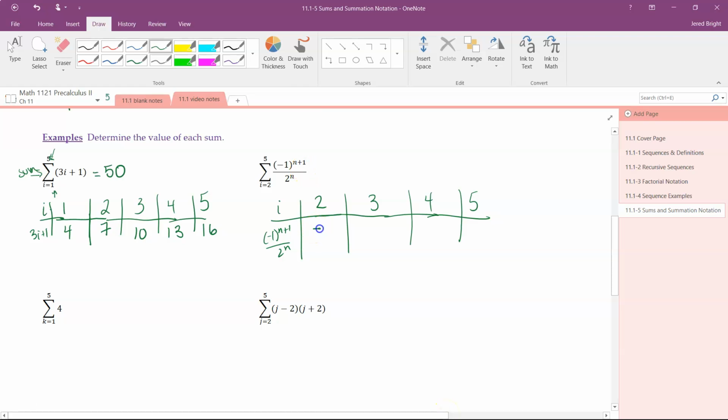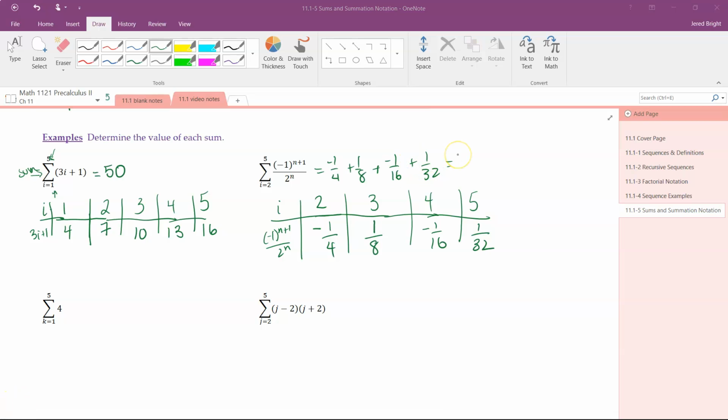So this is just going to be a negative, and then 1 over 2 squared is 4, and then this will give positive 1 over 2 cubed, which is 8, and then this will be negative 1 over 16, and then 1 over 32. Okay, and to add up all of these, I would do negative 1/4 plus 1/8 plus negative 1/16 plus 1/32, and I would get negative 5/32. Okay, so there we go.